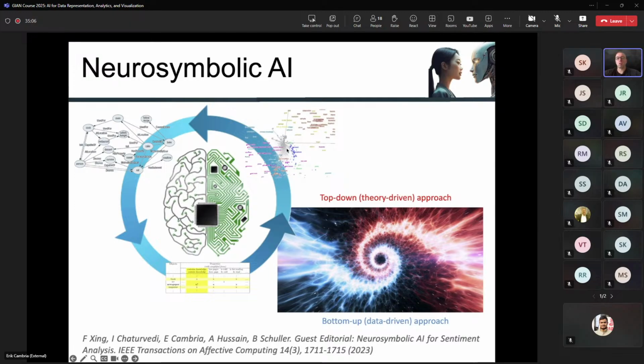But then you can also have the same data represented as a knowledge graph or semantic network. And these two, even if they are the same data, because they represent it in different ways, they can be used for different kinds of reasoning. And also you can shift between one and the other representation depending on what you need to do.